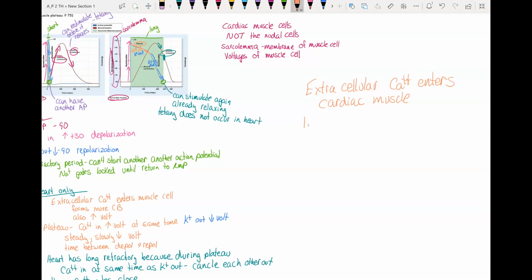It allows you to make more cross bridges for more force. And it provides the plateau, which then provides the long refractory, which is what ensures that your heart relaxes to refill.